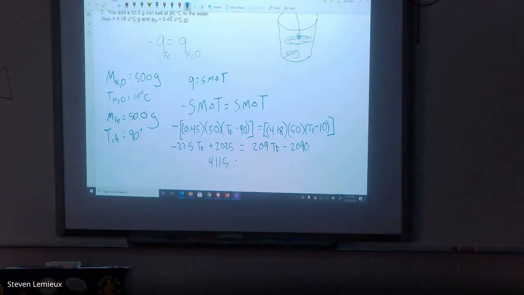And on the other side, I have to add 22.5 to both sides, giving me 231.5 TF. So now if I take my 4115 divided by 231.5, that gives me 17.77, 17.78, so we'll call that 17.8 for the final temperature of the mixture.